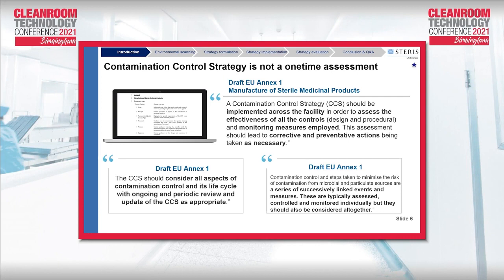For example, if you have too many major or critical deviations, each of these deviations may not have an impact on product safety for the patient, but adding all those deviations together, it may have an impact. So this is really the goal of the CCS, to look at this as a holistic view and all together.